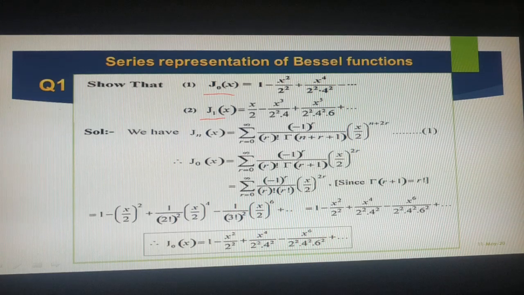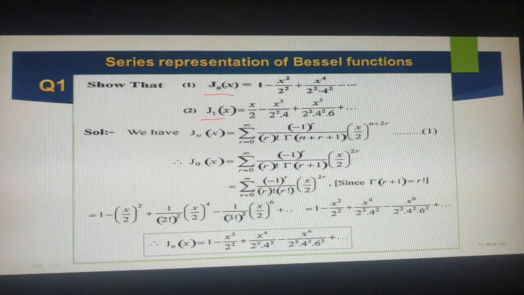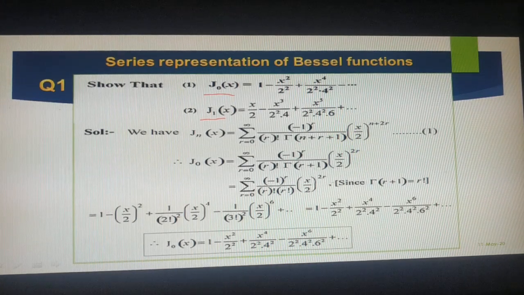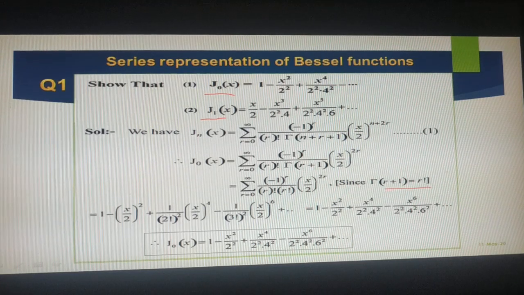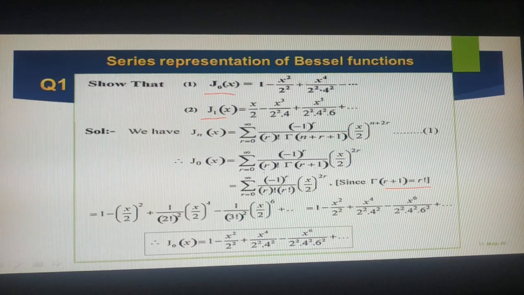So it becomes summation r equal to 0 to infinity, (minus 1) to the power of r by r factorial, gamma of 0 plus r plus 1, into (x by 2) to the power of 2r. Now gamma of r plus 1 is nothing but r factorial, from the properties of gamma: gamma of r plus 1 is equal to r factorial. Therefore, we get r factorial into r factorial, that is, r factorial square.